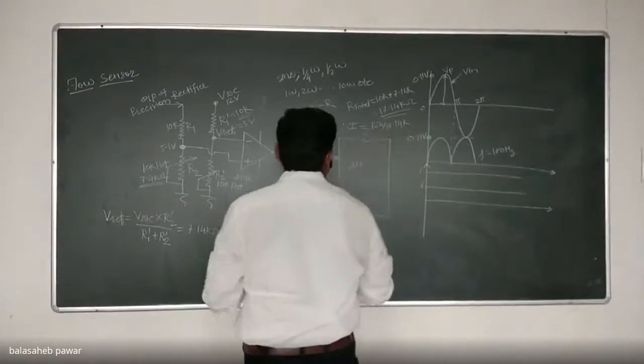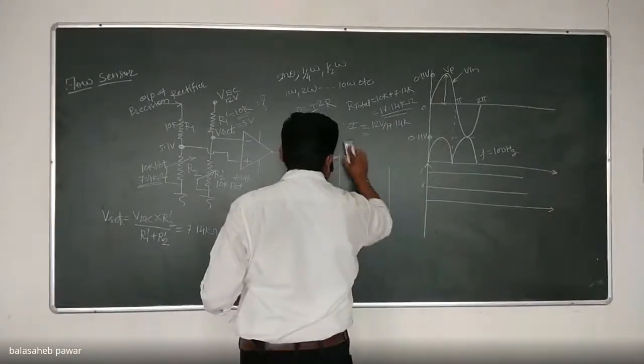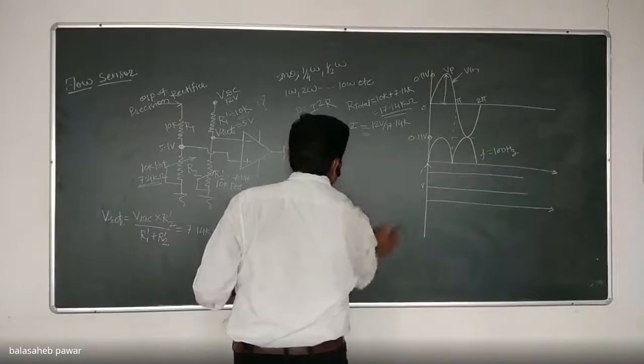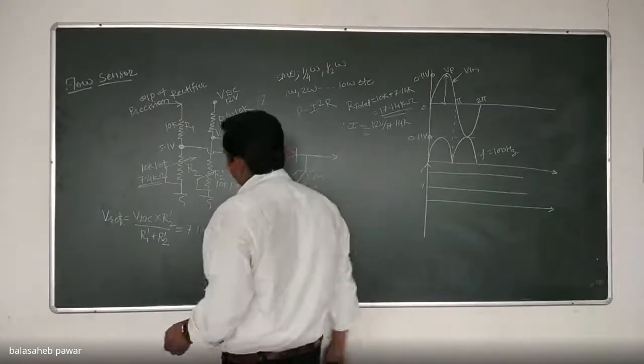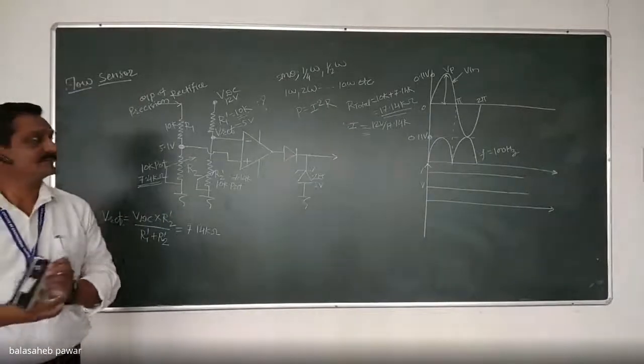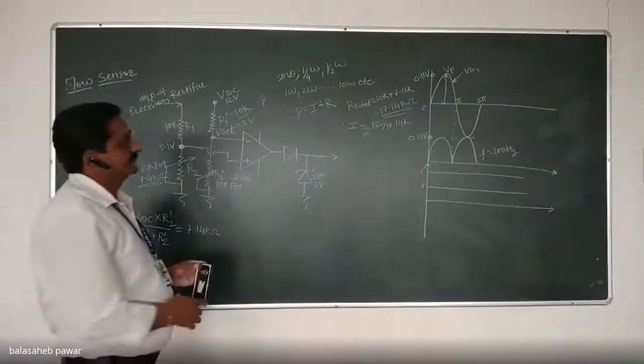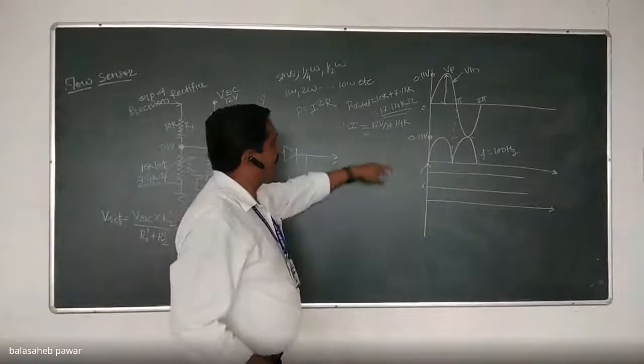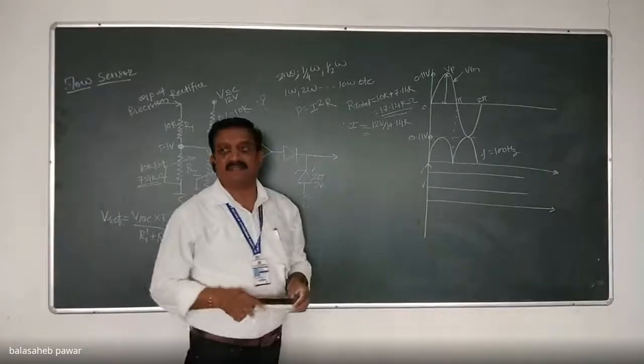So find it out. How much is the value of current? 12 divided by 17.14K.